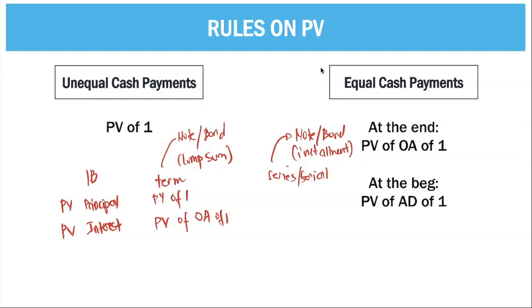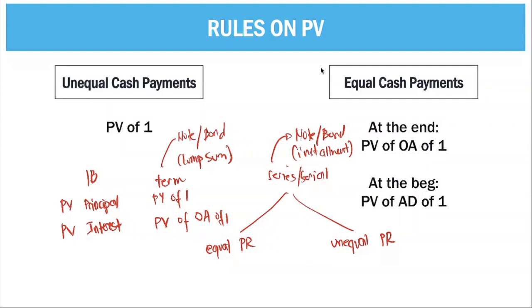So in your series or serial, your main problem here is whether you have equal principal repayment or unequal principal repayment. If you have equal principal repayment, how do we compute your carrying amount or your issue price?